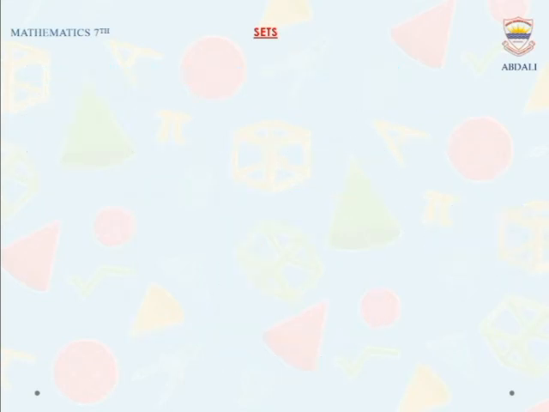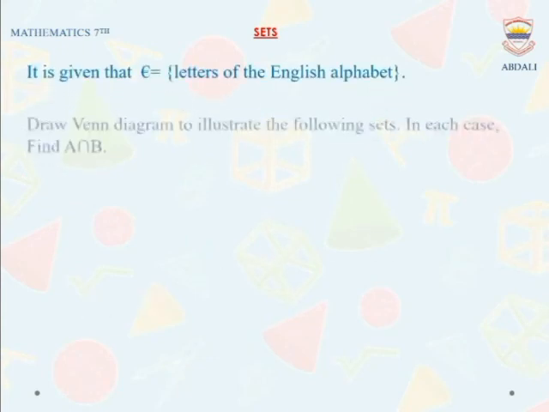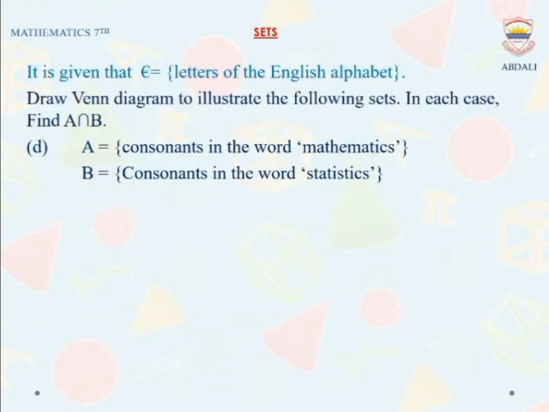So now class, we are going to start our next part, which is: A set contains consonants in the word mathematics, and B set contains consonants in the word statistics. So now we know what consonants are.